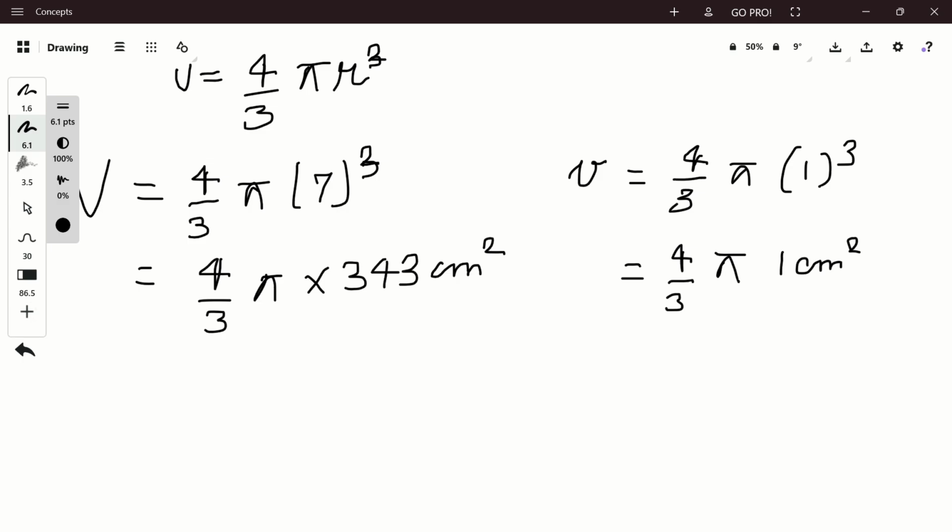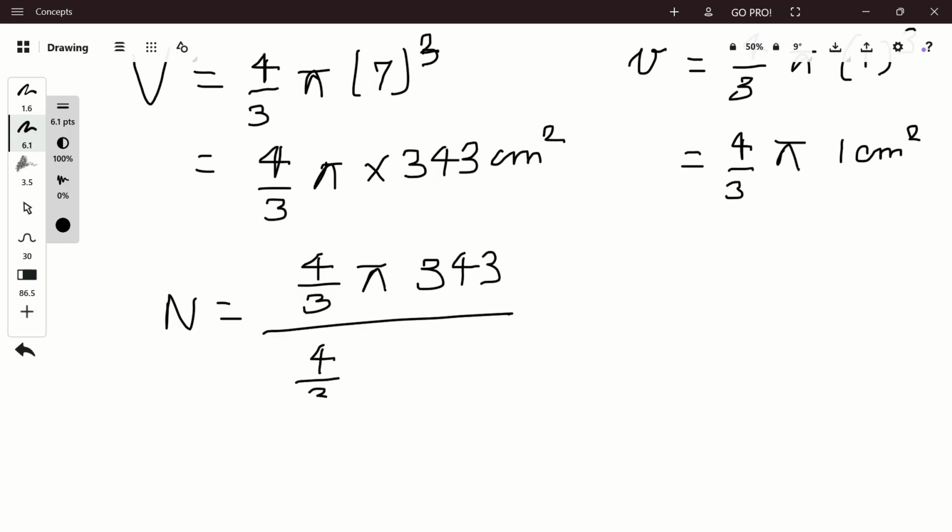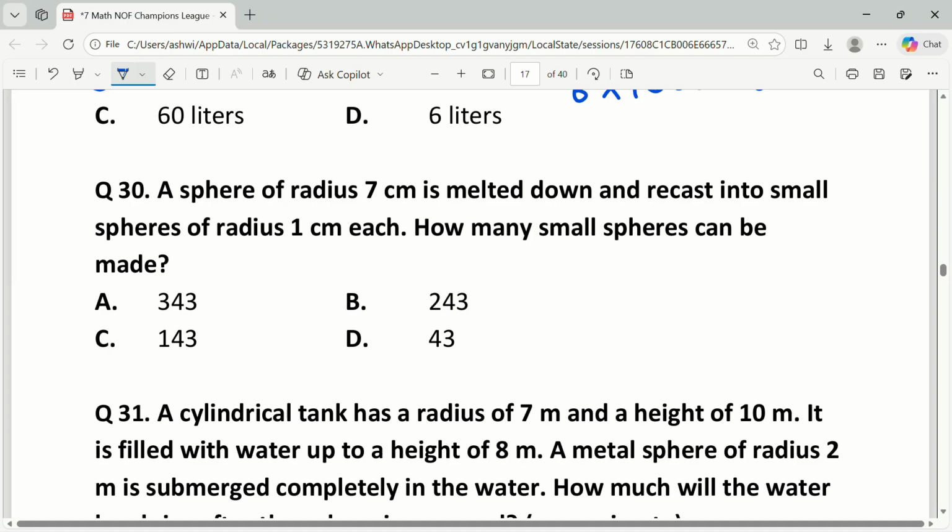The number of small spheres n that can be made is the ratio of the large sphere volume to the small sphere volume. That is n is equal to 4 by 3 pi 343 upon 4 by 3 pi 1. That is 343. Comparing with the options, the answer is A, 343.